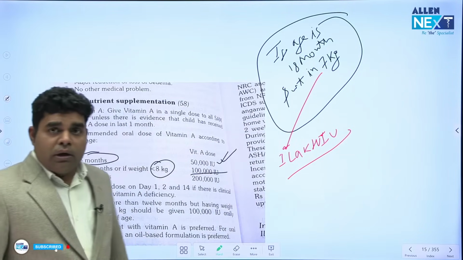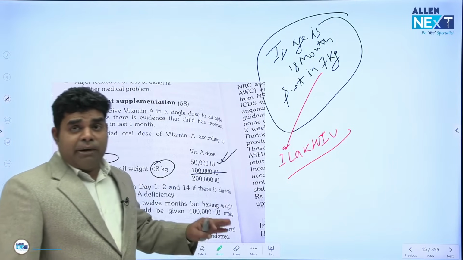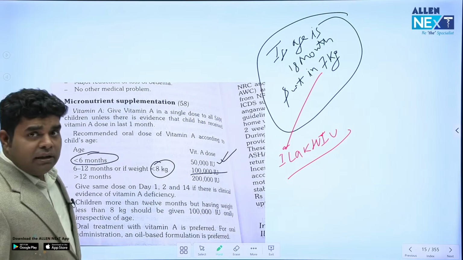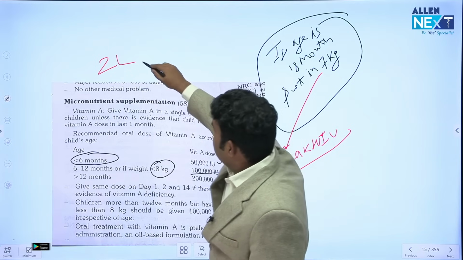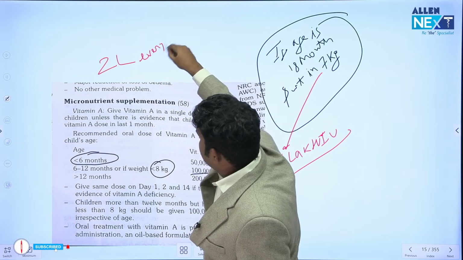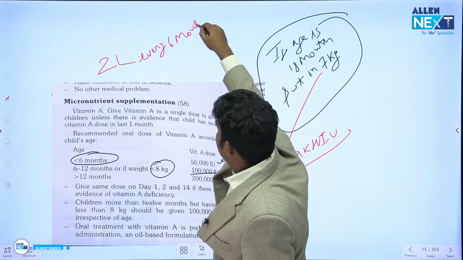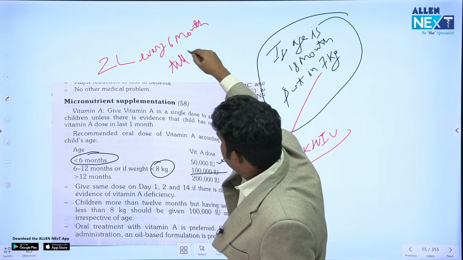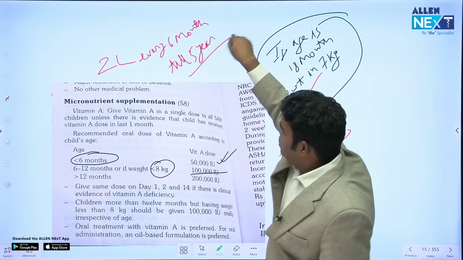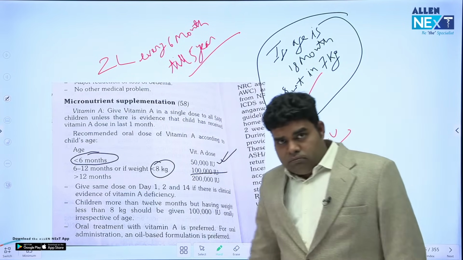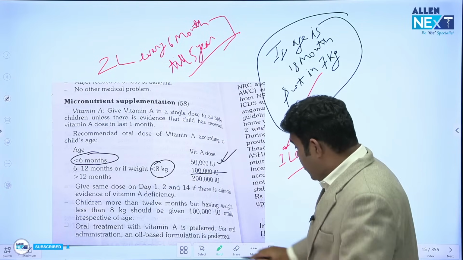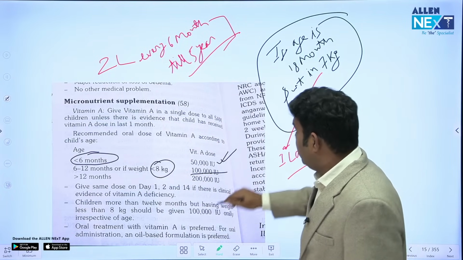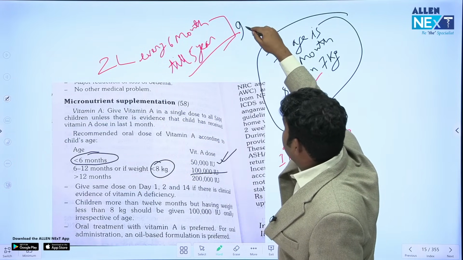And I hope you know that the first dose we give at 9 months is 1 lakh, and after 9 months we give 2 lakh international units every 6 months till 5 years of age. This is the regime, and under this regime, for taking vitamin A syrup, the mother has to go to hospital 9 times.